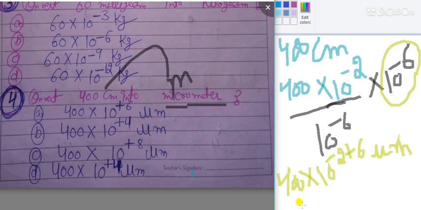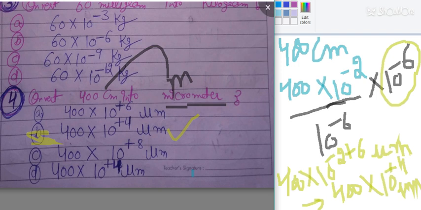So this value will be equal to 400 into 10 raised to the power 6 minus 2, that is 4, micrometer will be there. So your answer for this question, the fourth question, will be option number B.